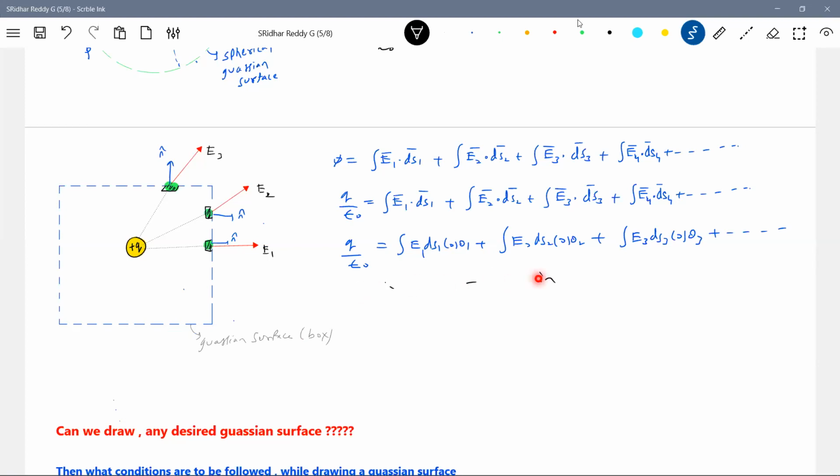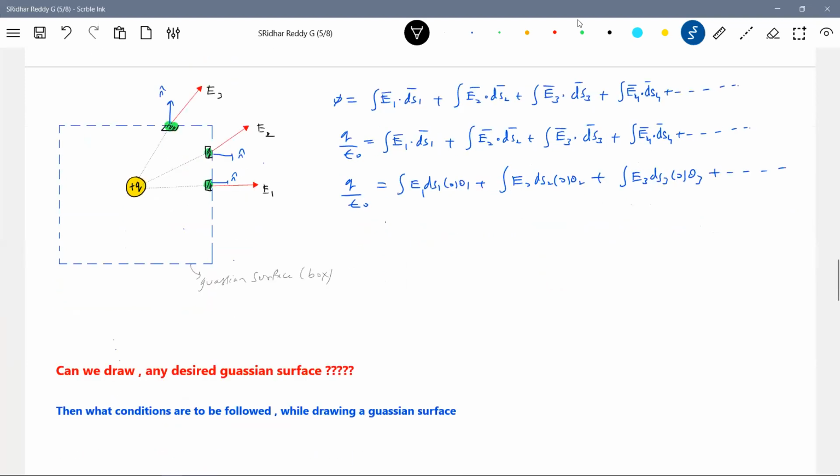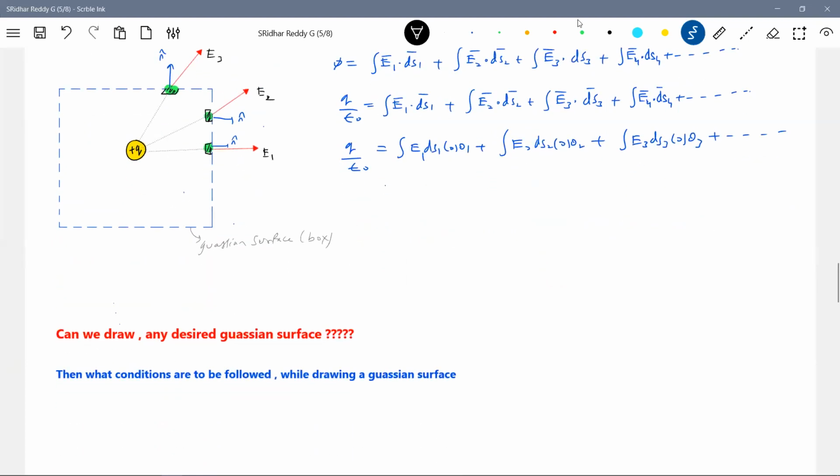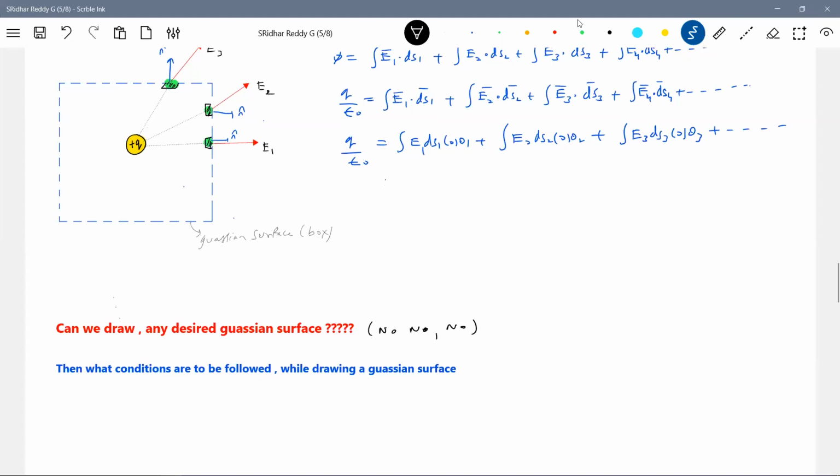Okay, I think I have written them here. Can we draw any desired Gaussian surface? The answer is no, no, no. Then what conditions are to be followed while drawing a Gaussian surface?